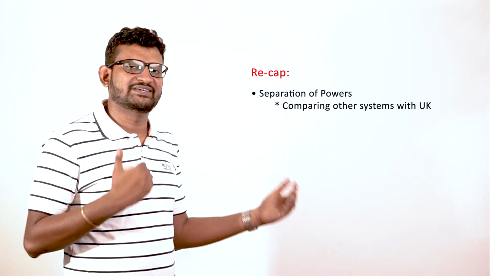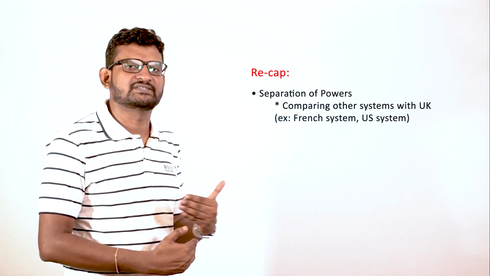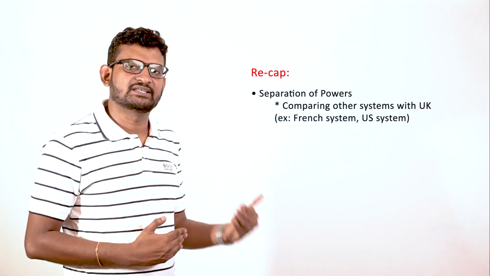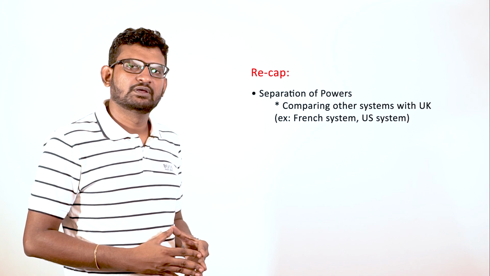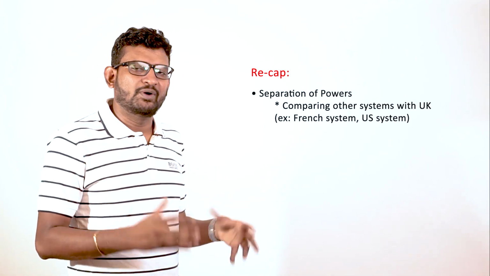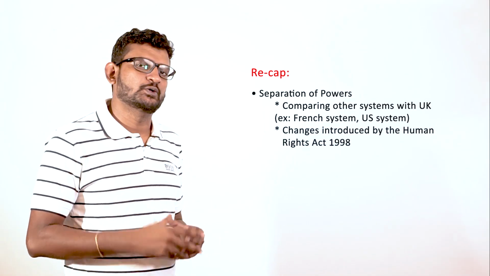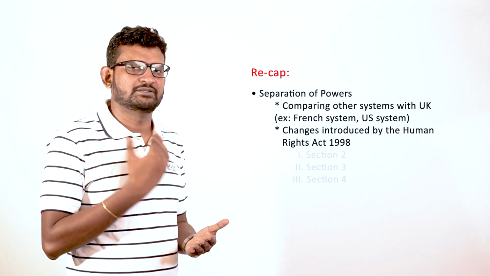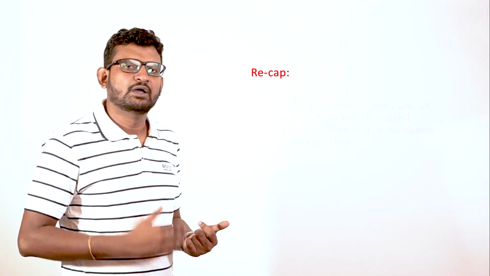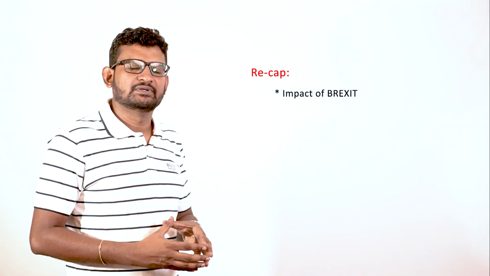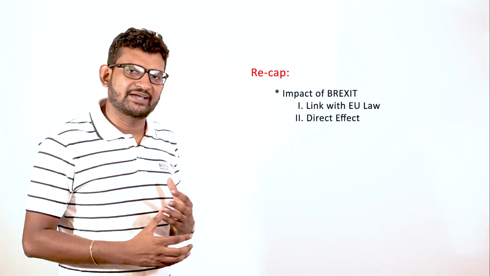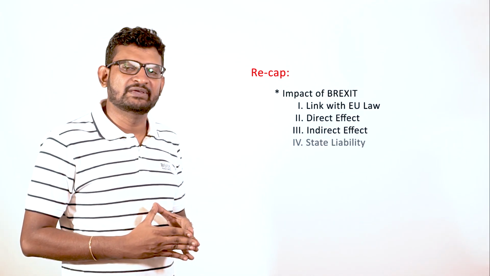How can you compare this with other systems such as the French system, the US system? What are the changes introduced by the Human Rights Act? They will usually ask you to focus on section 2, section 3, section 4. What is the impact of Brexit? Link it with EU law, direct effect, indirect effect, state liability.